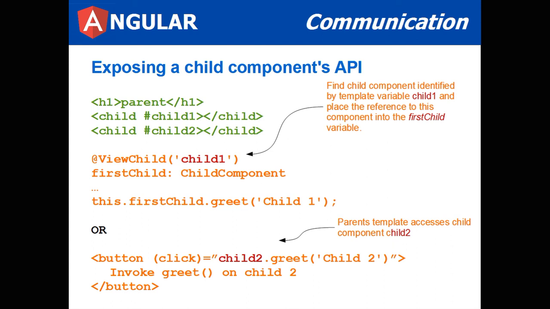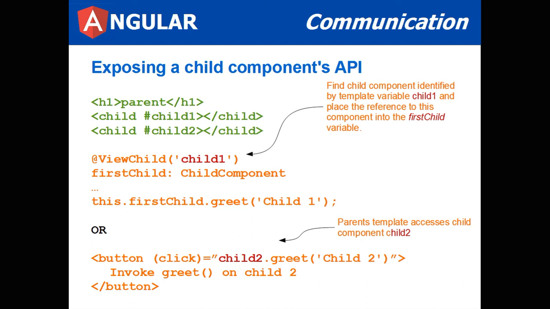You could also expose a child component's API. Let's suppose you have a parent component with an H1 tag, and you have two children, #child1 and #child2. You could find the child component identified by the template variable child1 and place the reference to this component into the firstChild variable.